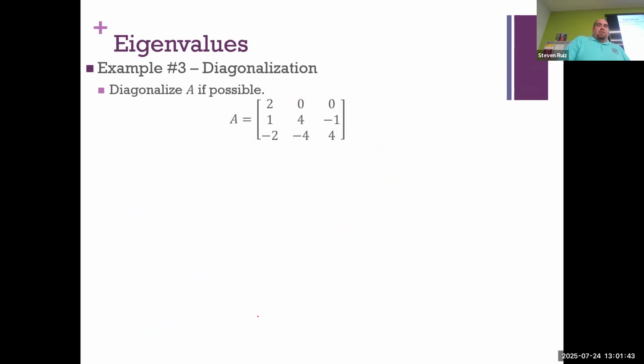So let's diagonalize this one if we can. How do we start that process? What do we have to do first? Find the lambdas. So I'm going to make our characteristic matrix.